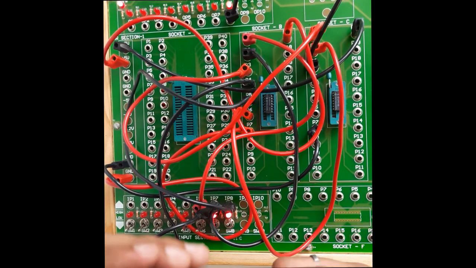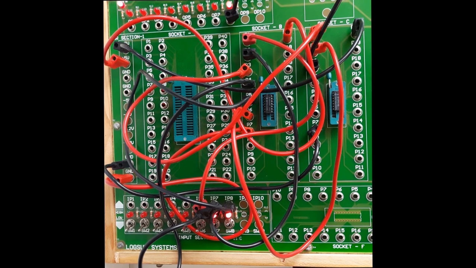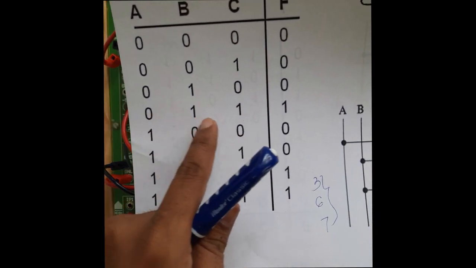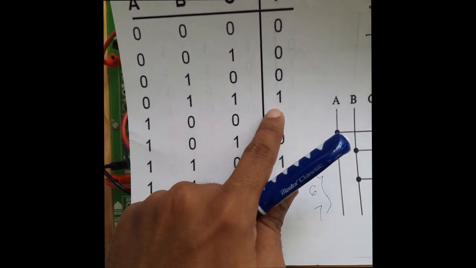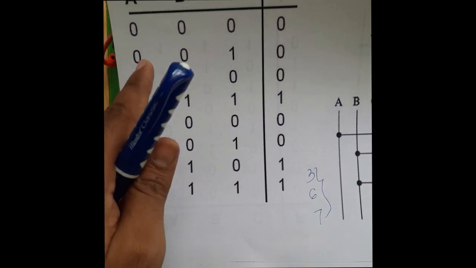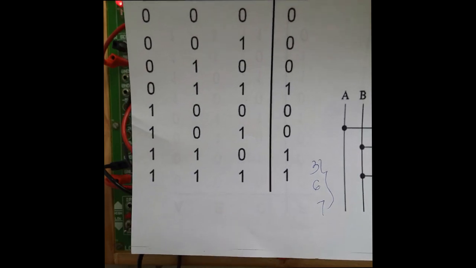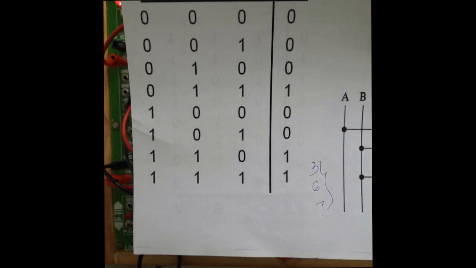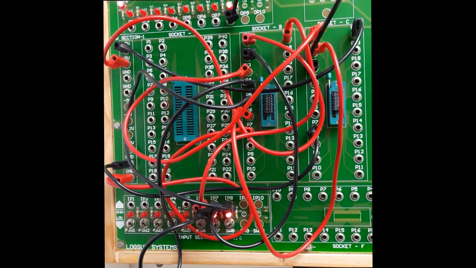In this way you have to perform each and every input combination, and check whether it is as per your truth table. If you assign 0 1 1, you are getting the output high. So you have to try each and every combination and check whether the output is coming properly or not. If your connections are okay, then surely you will get the right output.